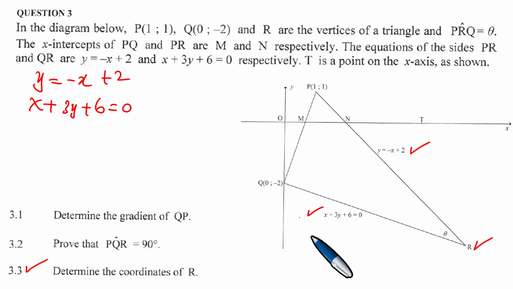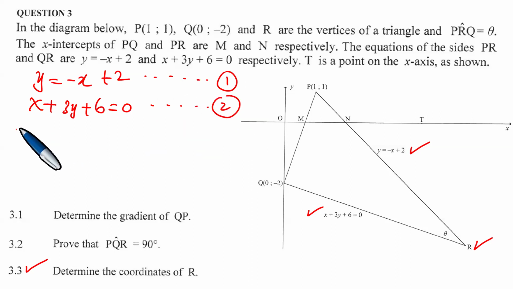Okay, these are the two equations. We're going to go back to grade 10 and use what we call the substitution method. We can also use elimination. So we proceed to say substitute equation 1 into 2.